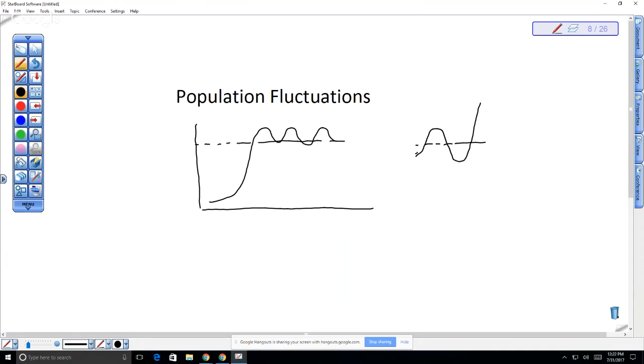And so if you exceed the carrying capacity by a lot, then you tend to have a dramatic oscillation. So these are oscillating population sizes. And again, time lags can be important. The longer the time lag between the effect that the overpopulation has on reproduction, the greater the overshoot will be.